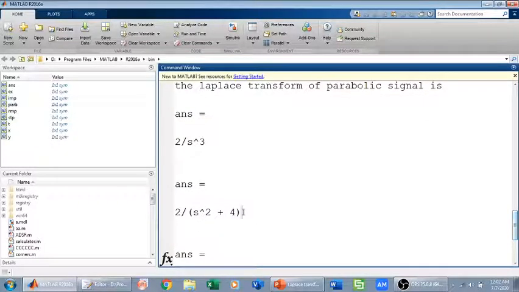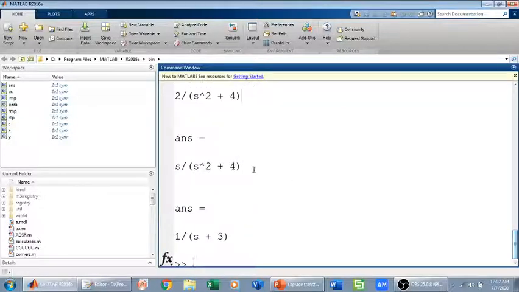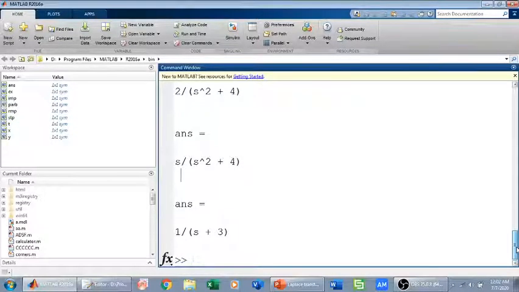Then this was the Laplace transform of sine function, which was 2 divided by s square plus 4. And then the Laplace transform of cosine function, which was cosine 2t, is s divided by s square plus 4. And then this was the Laplace transform of e power minus 3t, which is 1 divided by s plus 3. So that's how we take Laplace transform in MATLAB. Thank you.